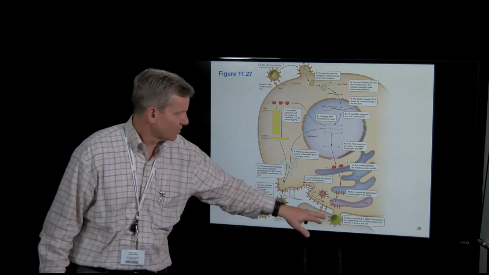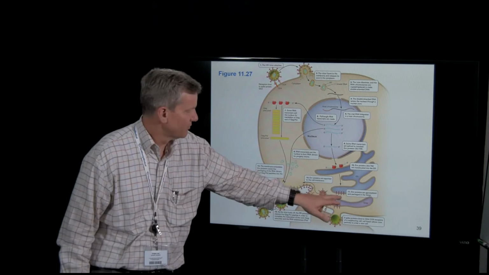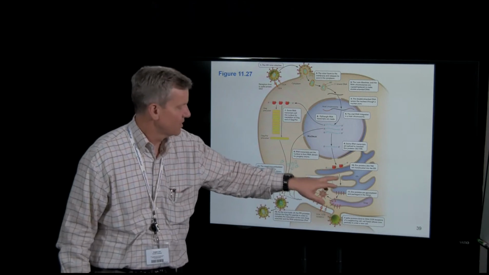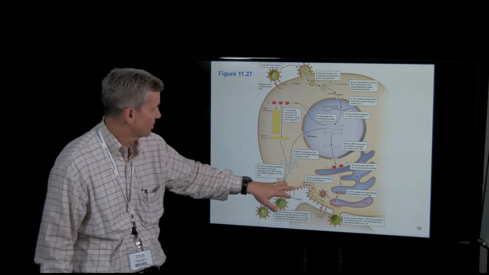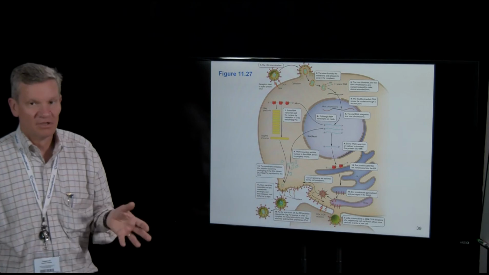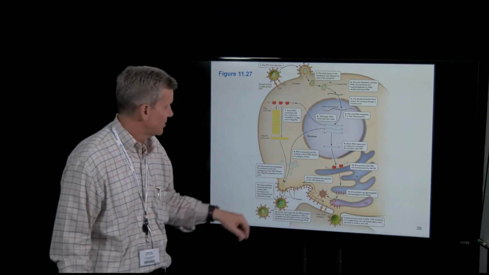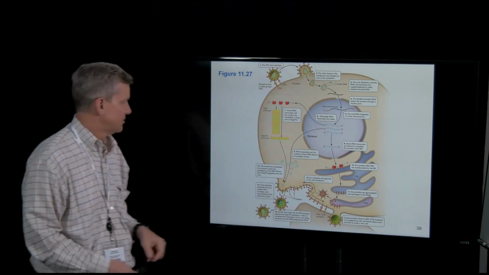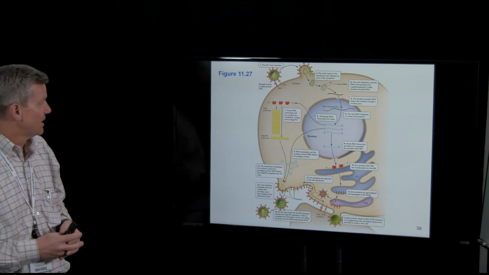The viral envelope proteins are going through the endoplasmic reticulum into the Golgi, getting glycosylated, moving along here, where it picks up matrix protein, connects with the two copies of the single-stranded RNA, and then buds from the CD4 T helper cell.